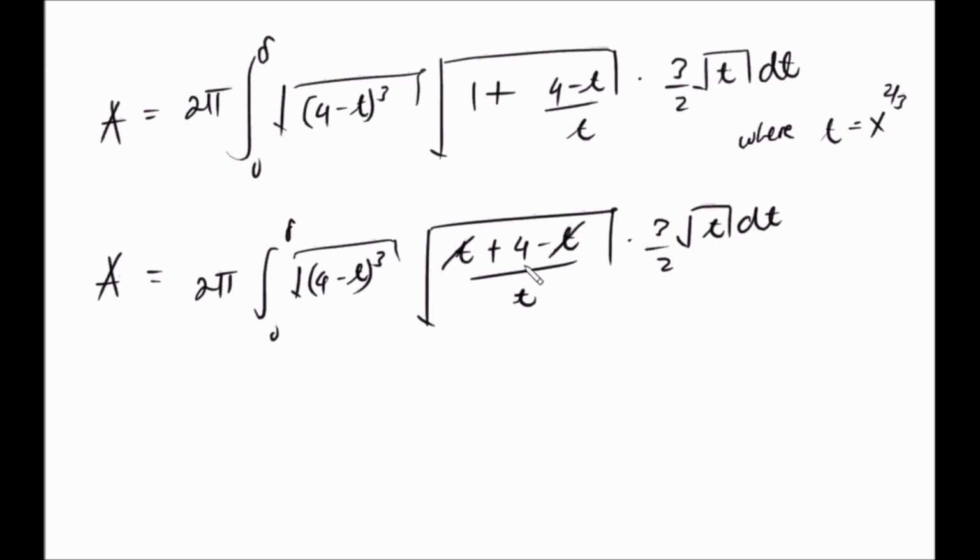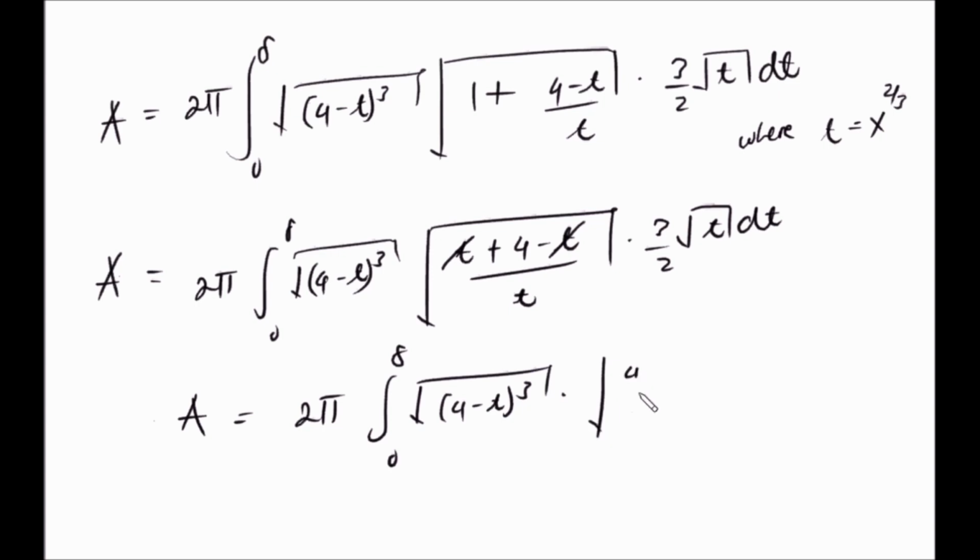So t minus t ni 0, huku juu nitabaki na square root of 4. Kwa hiyo my area itakuwa sawa na 2 pi 0 to 8. So tuna square root ya 4 minus t cube times square root of 4 over t times 3 over 2 the square root of t dt. So hii square root of 4 over t naweza nikaiandika hivi.